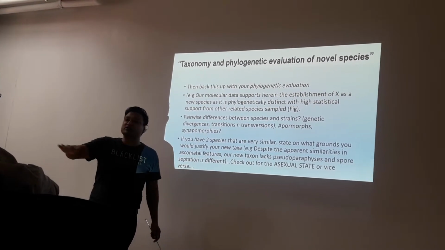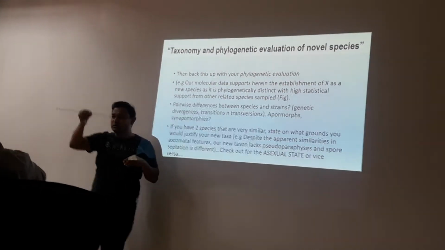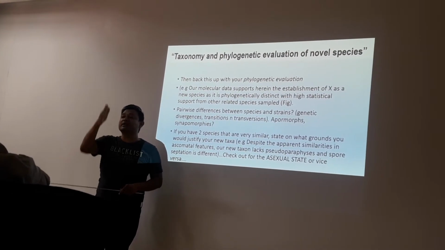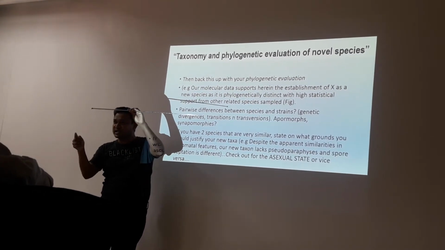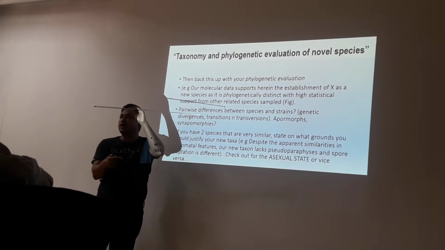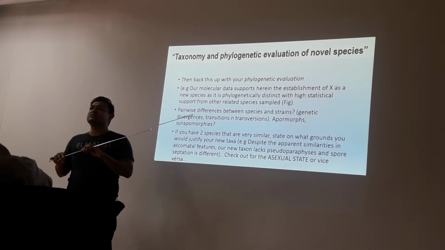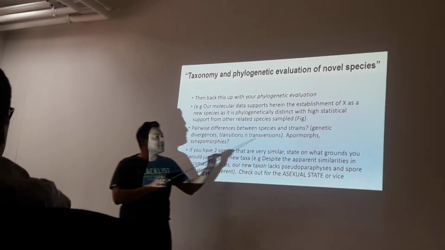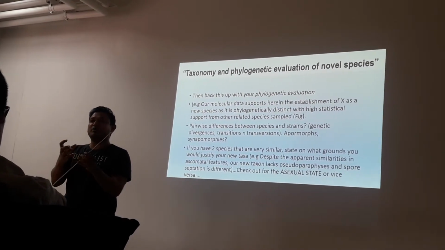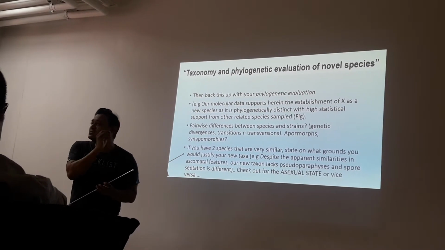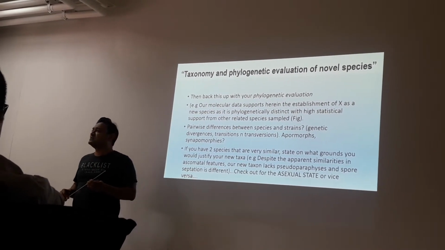Sometimes when you do your phylogeny, you can see that your species goes in an independent lineage. That is, all other species are here, but yours takes a diversion and goes somewhere down there. And it's being supported. What you need to look for is whether there are any characters that possibly could be used to identify that specific taxon.